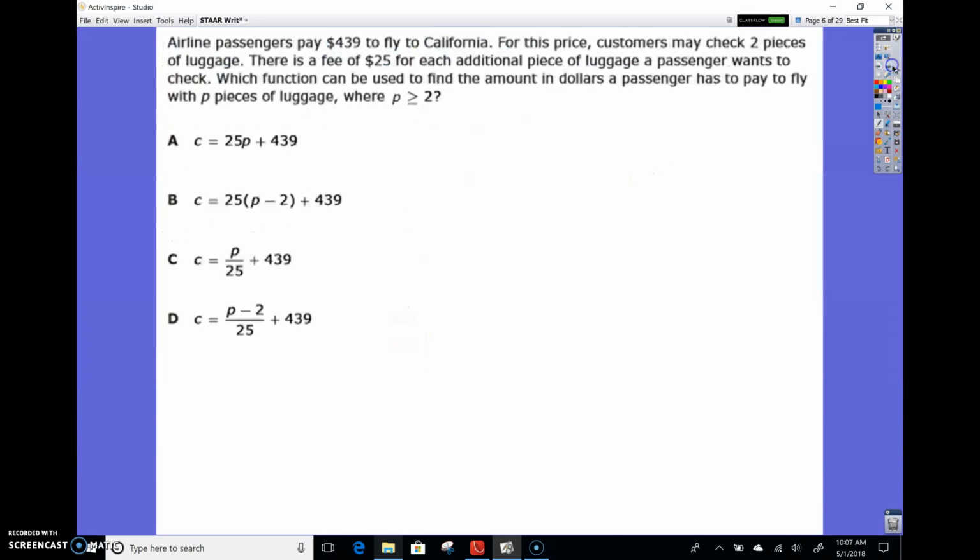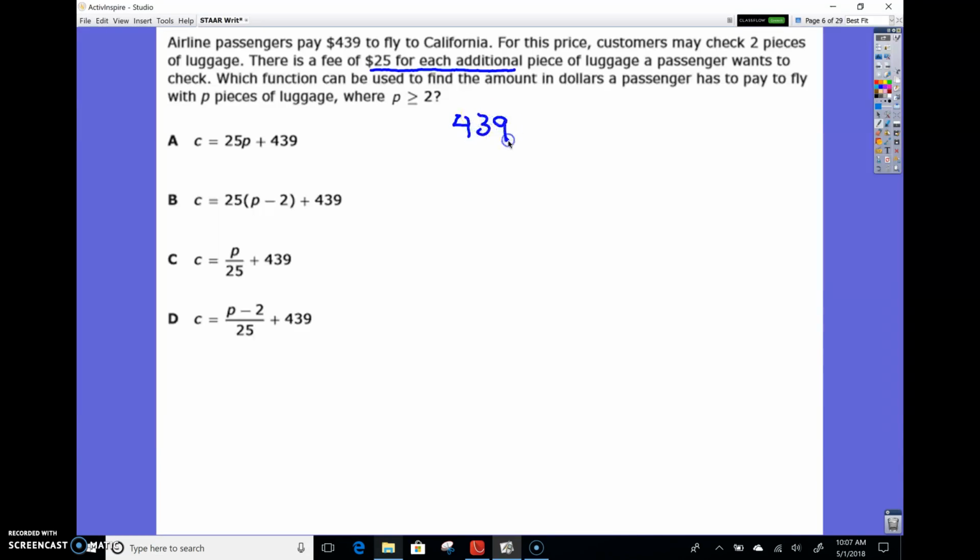Airline passengers pay $439 to fly to California. For this price, customers may check 2 pieces of luggage. There's a $25 fee for each additional, so anything more than 2. We know we need to have the 439.